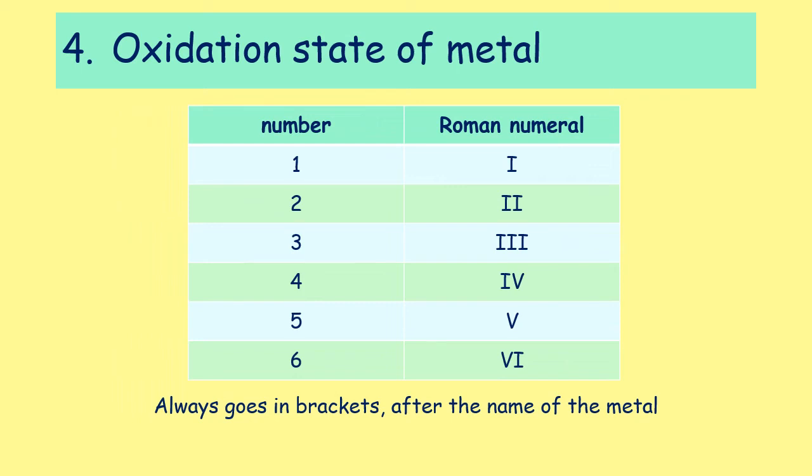The fourth thing, at the very end, is that you need to work out the oxidation state of the metal, and you do that by looking at the charge of the transition metal complex and at the ligands inside it. A lot of the ligands will be neutral, so water, ammonia, carbonyl, they don't do anything to the oxidation state.